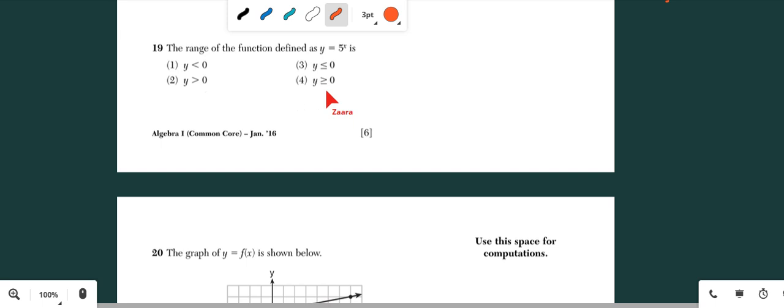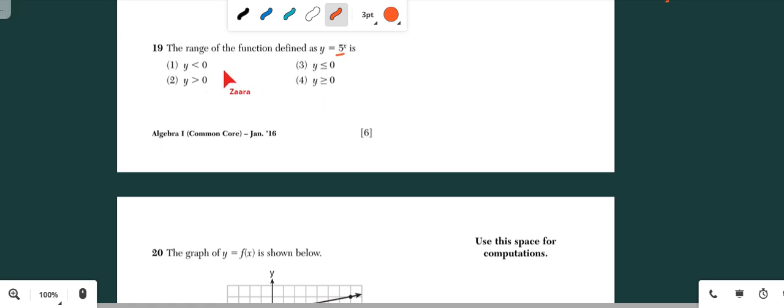Even though this question is, I will say, not a complete question. They have to first define the domain. If they are talking about the whole set of real numbers, then when we take a negative exponent, this is also possible.